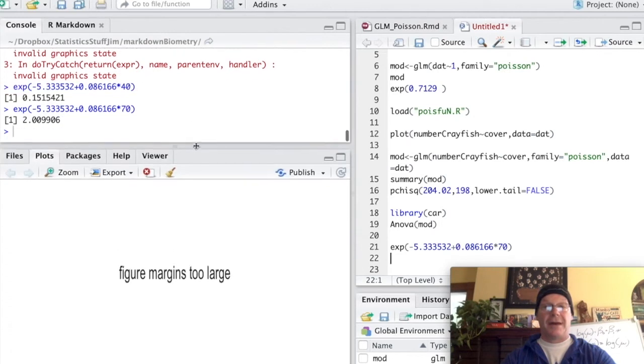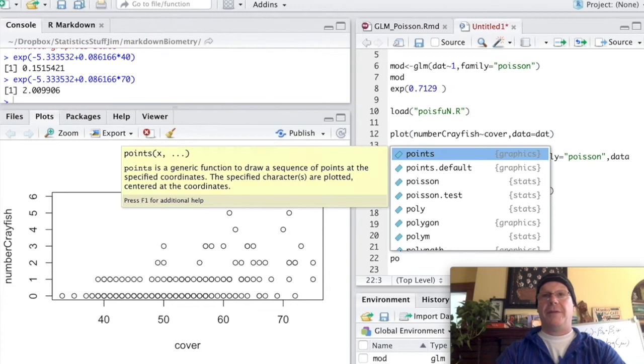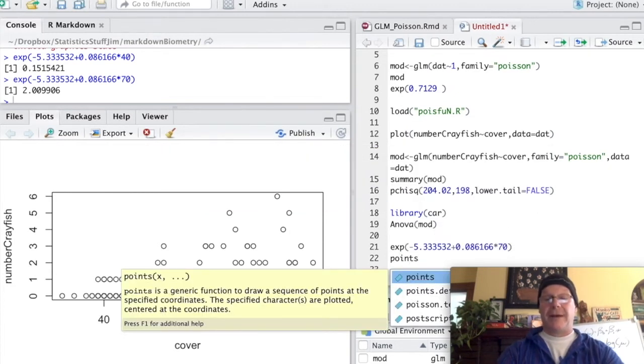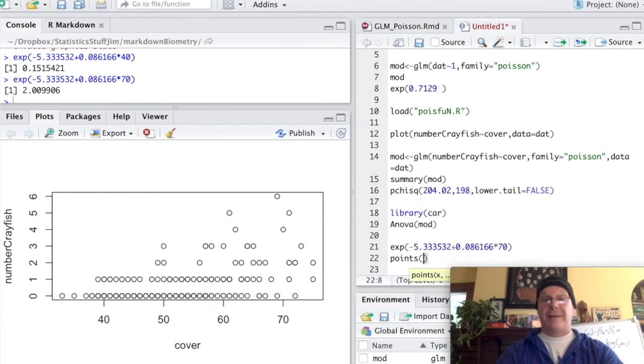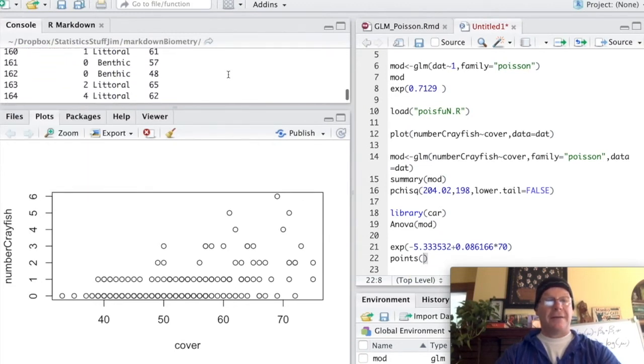Here's our raw data again, and we could lay points on top of that. I've got to look at my data again, got to remember where I'm at. Okay, the third column of dat is the amount of cover.